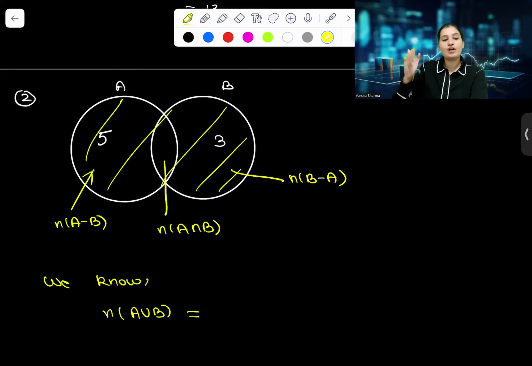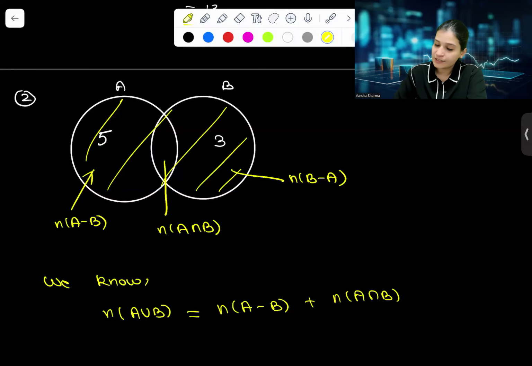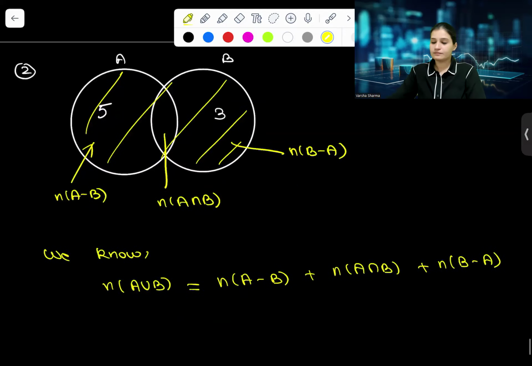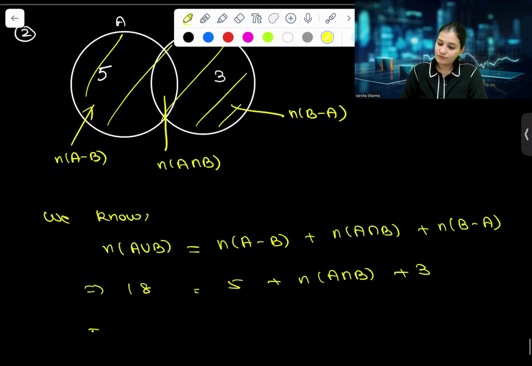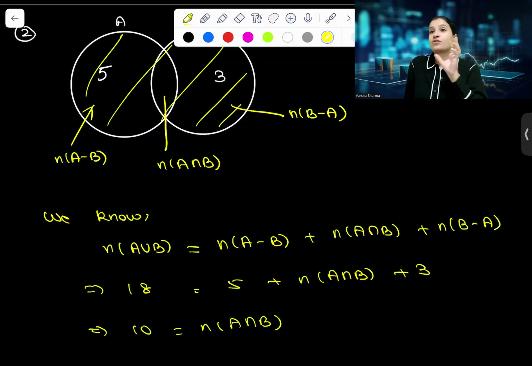I can write it as the sum of all the three: cardinality of A minus B, plus cardinality of A intersection B, plus cardinality of B minus A. So this is 18, this is 5, this is the intersection, and this is 3. Solve, we will get intersection to be 10. So Venn diagram will always come to your rescue if you are very sure about which portion is called what. If you're sure about it, you can always make your own formulas. Clear? Yes, ma'am.